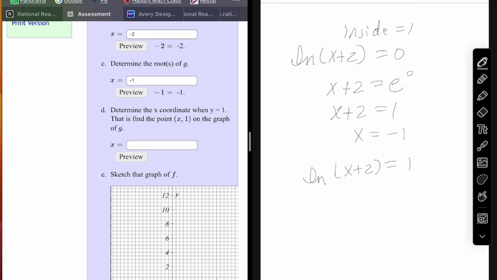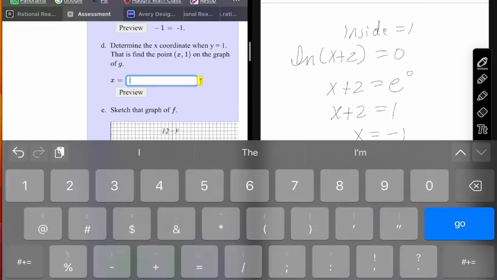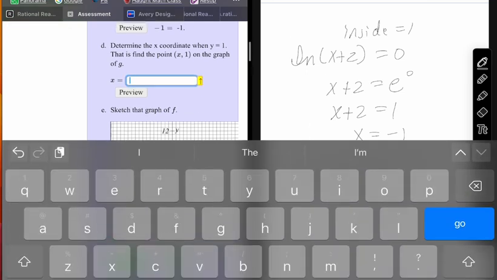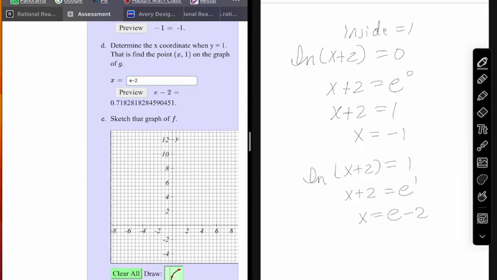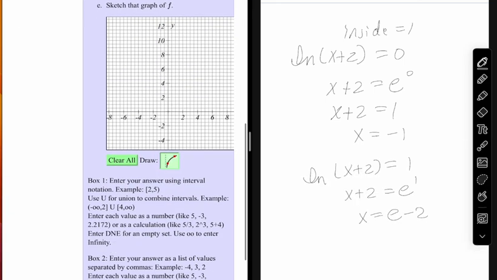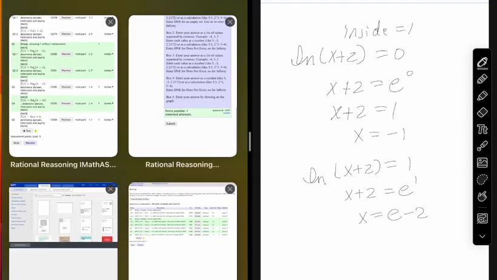So let's do the same thing we did before. x plus 2 equals e to the first. So x equals e to the first minus 2. So I'm just going to put e minus 2 in there. Let's just submit this so we can make sure it's all lovely.